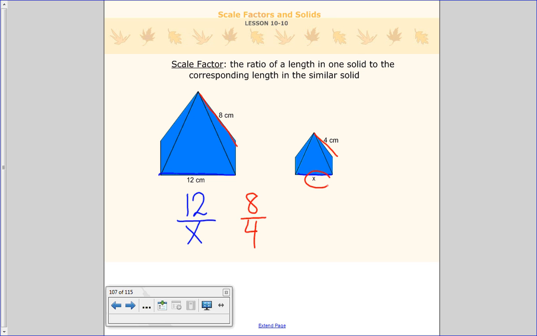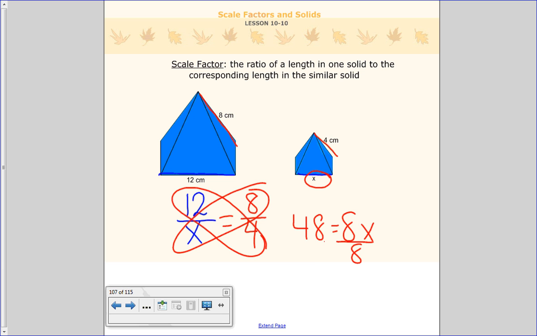Now, what we're going to have to do is find that missing variable of x. And you'll notice I have two ratios. When you have two ratios, you can make a proportion. So 12 times 4 is 48, and that equals 8 times x. So you solve for x, and you get 6 centimeters. So our answer here is 6 centimeters.